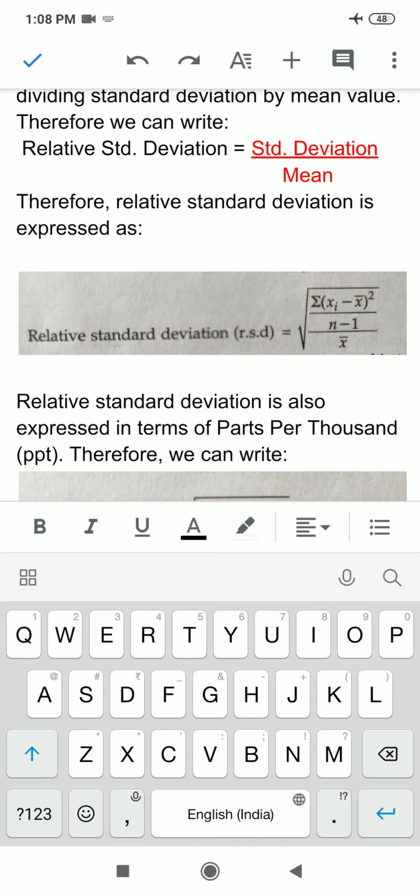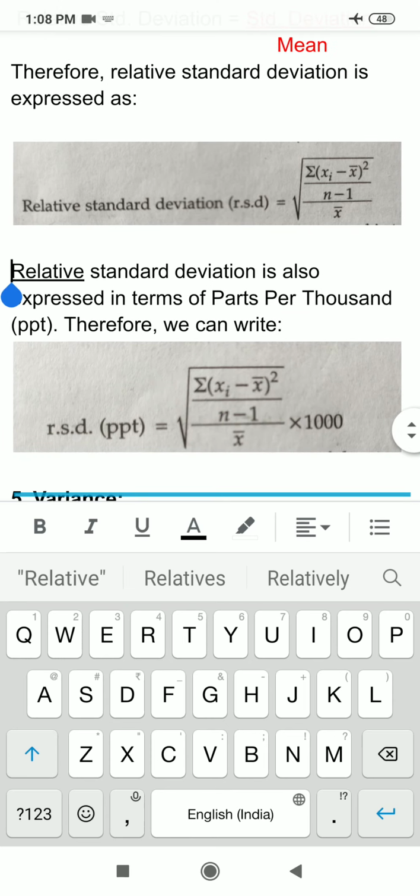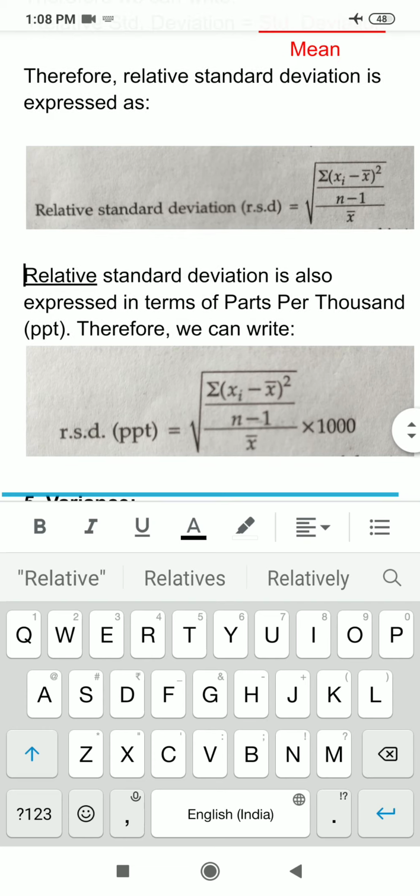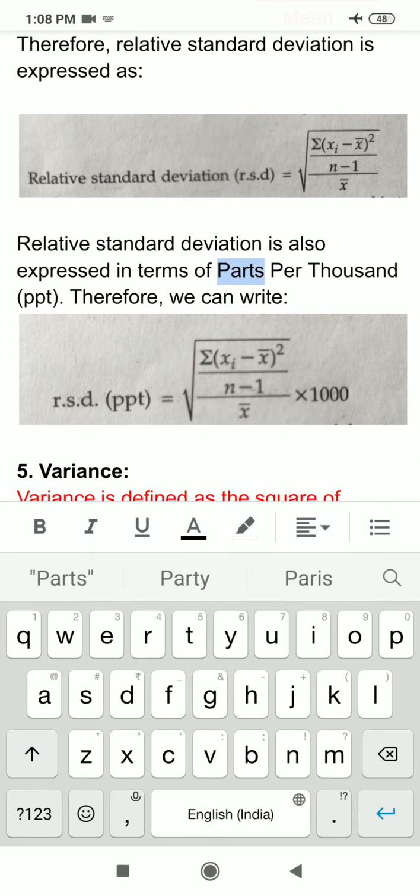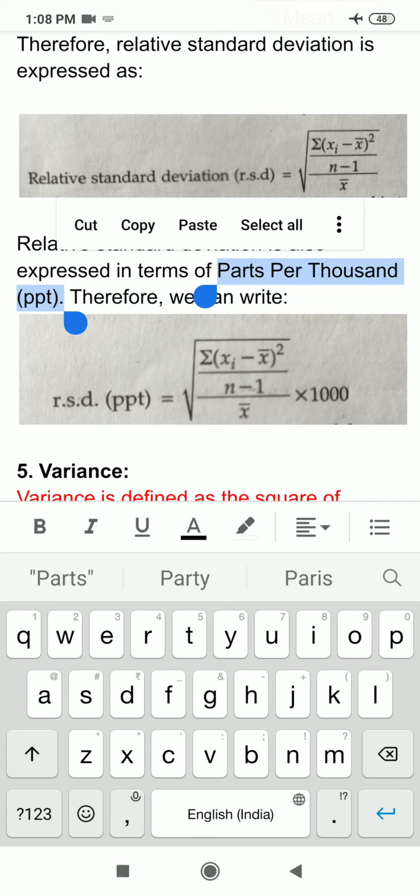So relative standard deviation, similar to the relative average deviation, can also be expressed in parts per thousand. What I am saying is, it can also be expressed in parts per thousand, meaning PPT. So if I wish to write relative standard deviation in terms of parts per thousand, then I will write RSD in PPT.